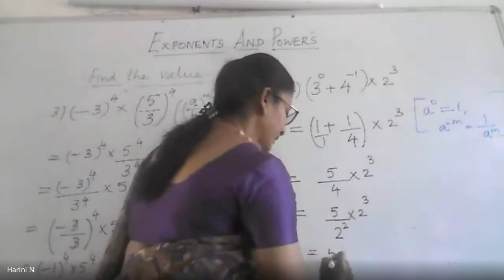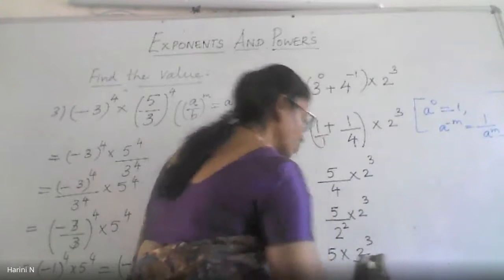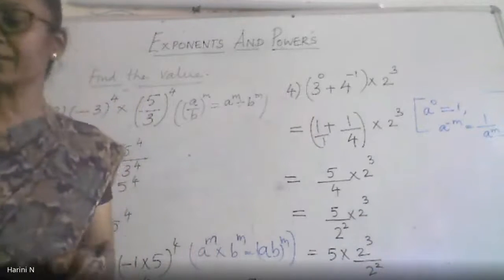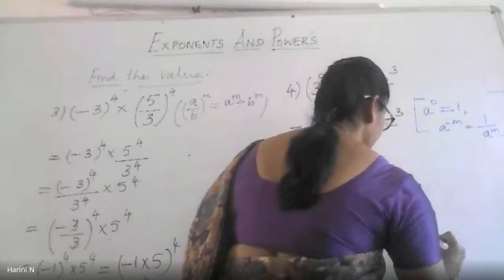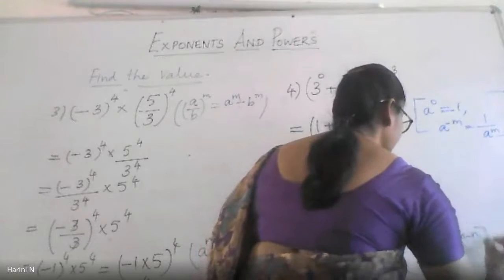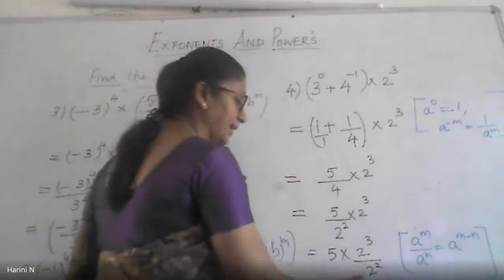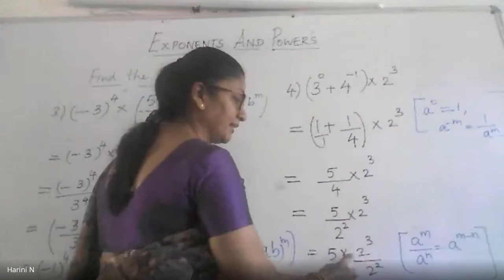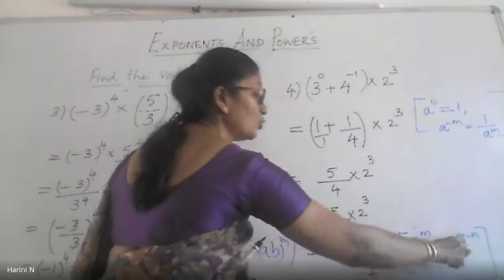This can be 5 into 2 to the power 3 divided by 2 to the power 2. What was my law? a to the power m divided by a to the power n will be a to the power m minus n. Base is the same, exponents are different. When there is a division, you should take it as the difference of the two powers.